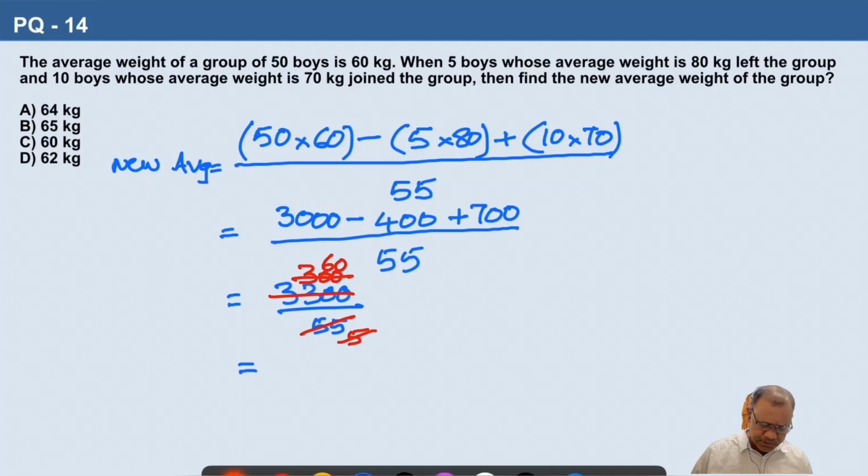So the new average is 60 kg, after 5 students leaving and 10 students joining. The average weight is 60 kg. Answer is C.